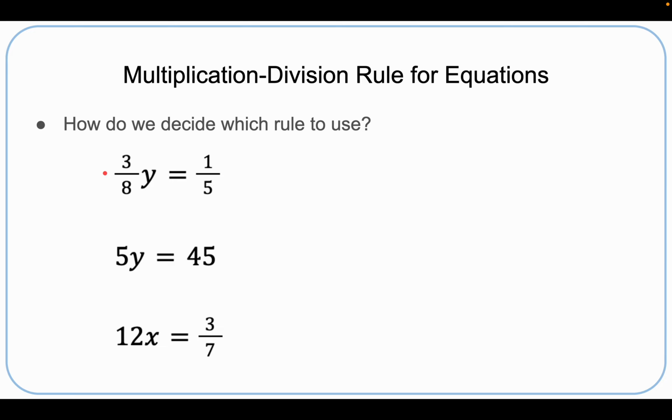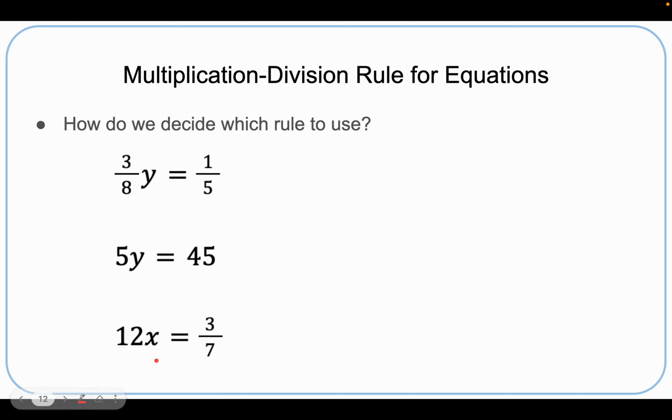So for example, like this problem here, this one we're probably going to want to multiply by the reciprocal rather than dividing by a fraction. That makes more sense. And then for this one, 5y equals 45, this is another one where we would use that division rule and just quickly divide by 5.